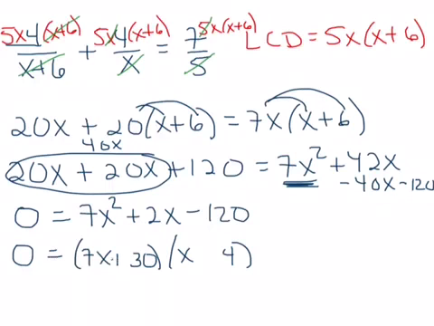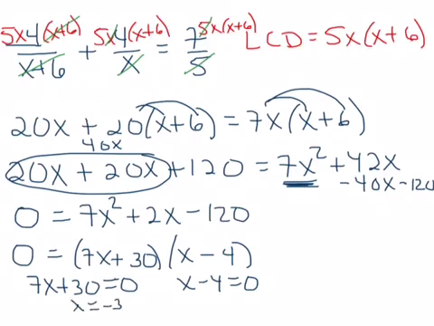So it must be plus 30 and minus 4. Our two equations are 7x plus 30 equals 0 and x minus 4 equals 0. When we solve those for x, we get x equals negative 30 over 7 and x equals 4.